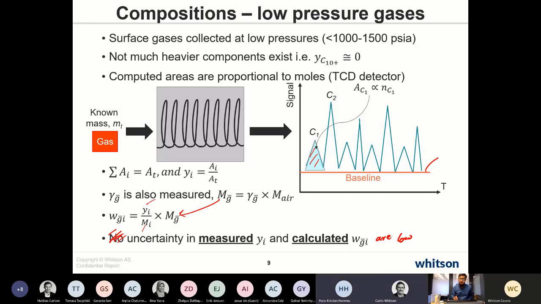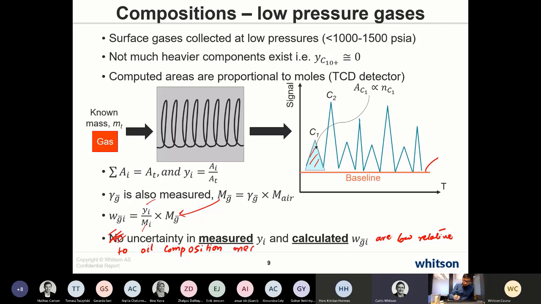Just a comment also on that. I appreciate that statement. It's exactly true, and Bilal is correct in saying that it's low relative to the other uncertainties in compositional data of the oil. Now, having said that, the low pressure oil, particularly the flashed oil, will have heavier components in it because the K values at 1 atmosphere for C6, 7, 8, 9, 10, maybe through 11 and 12 are increasing quite a bit.